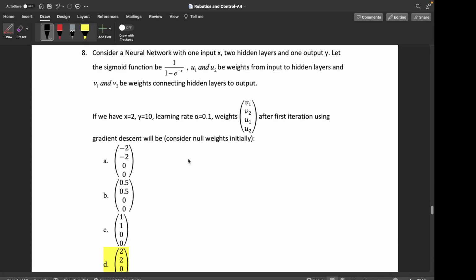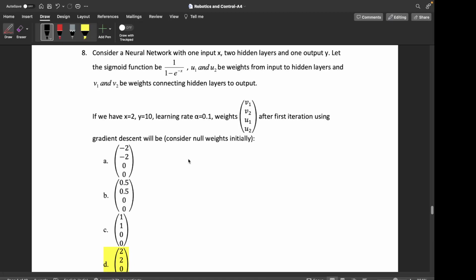We have a neural network here which has two hidden layers, and the input is x and the output is y. We have the weights given, and we have to find the weights after the first iteration of gradient descent.